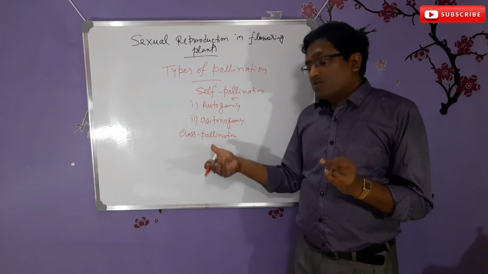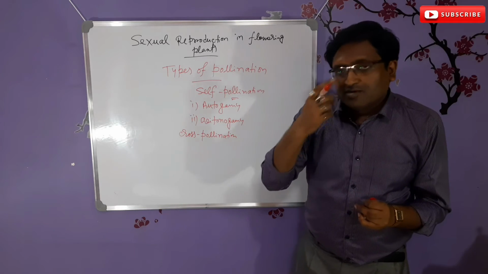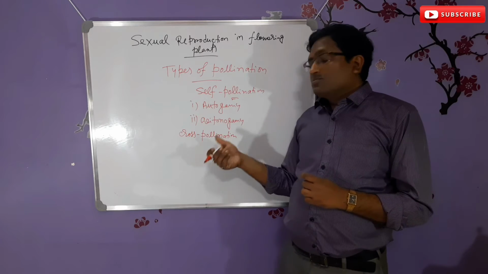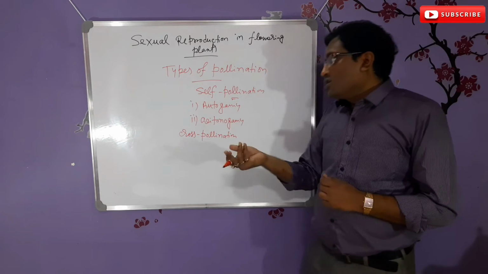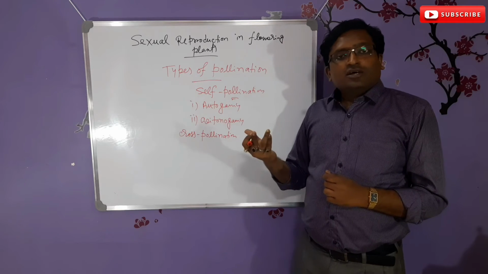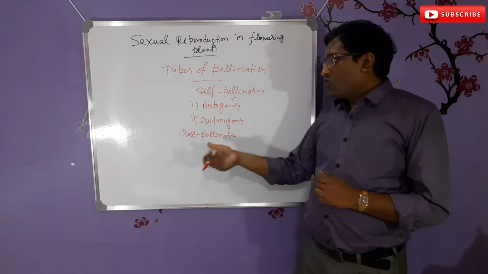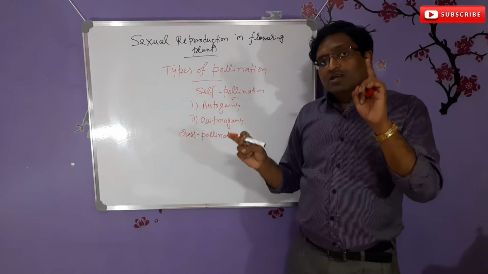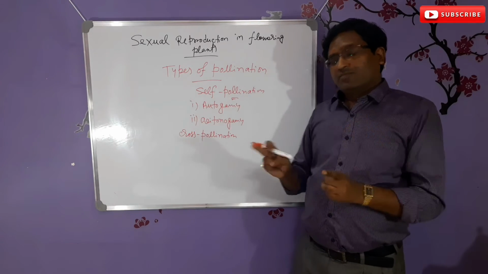In cross-pollination, agents are required. Without the help of insects, water, or any animal, cross-pollination never occurs, because this pollination occurs only between two different plants.